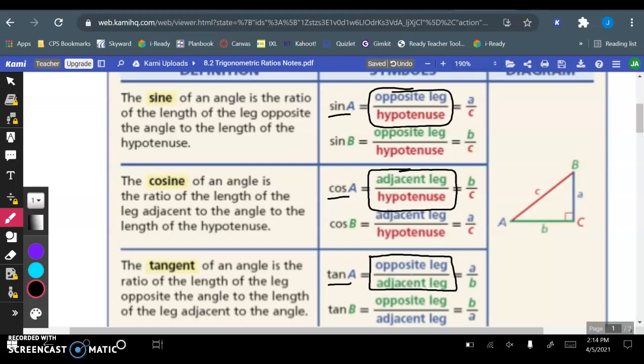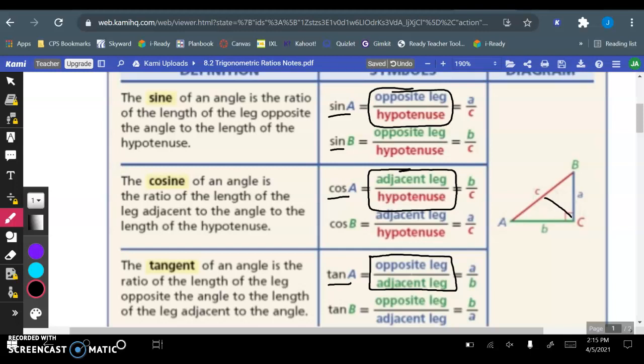So opposite means across from. So if I was going to talk about angle C here, this 90-degree angle in this picture, the opposite would be the C, okay? Also, hypotenuse is the opposite of that 90-degree angle. So in this case, the hypotenuse is C. And for instance, if you notice, we don't take the sine of angle C here because we can't, because the opposite is the hypotenuse.